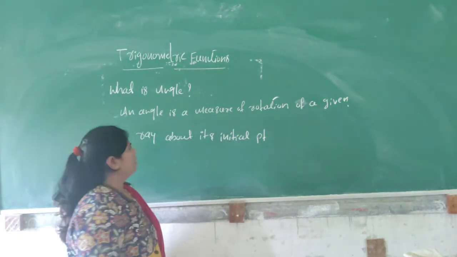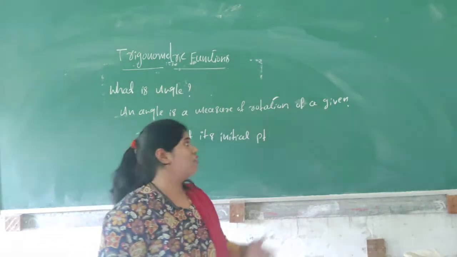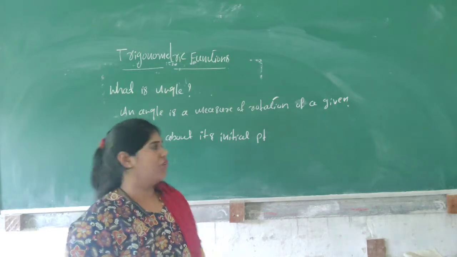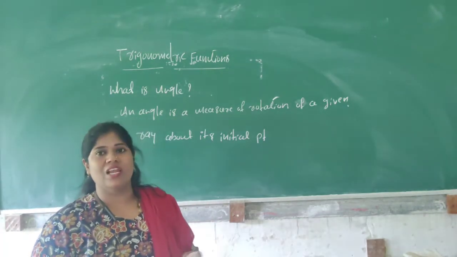Okay, so an angle is a measure of rotation of a given ray about its initial point.